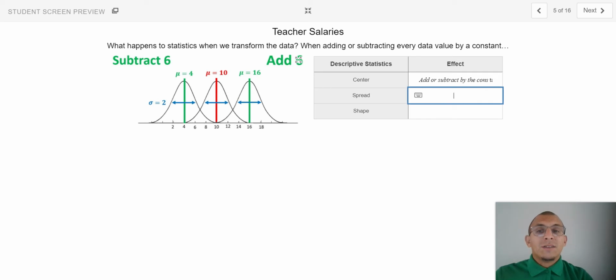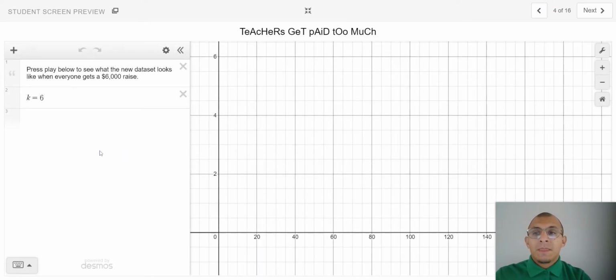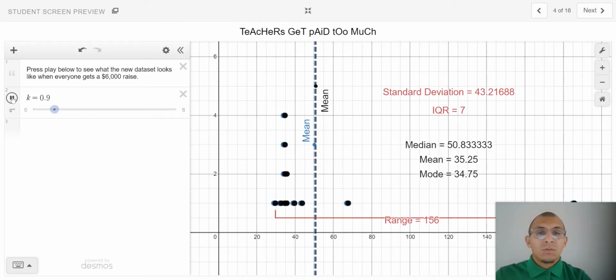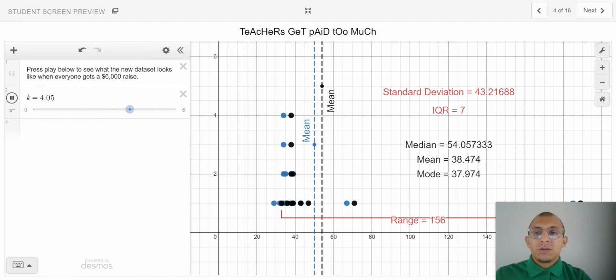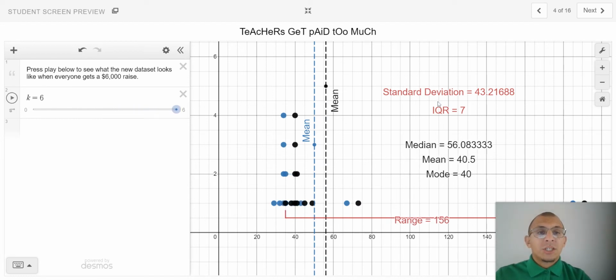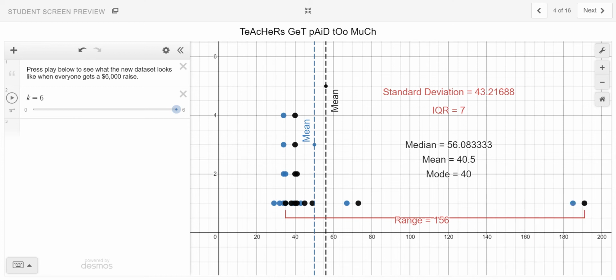As far as the spread, we can see that the variability here has not been affected. And if we play our slider once more, the two measures of variability, standard deviation and IQR, did not change because we are not changing the distance between each of those individual data values, nor the first and last data value.